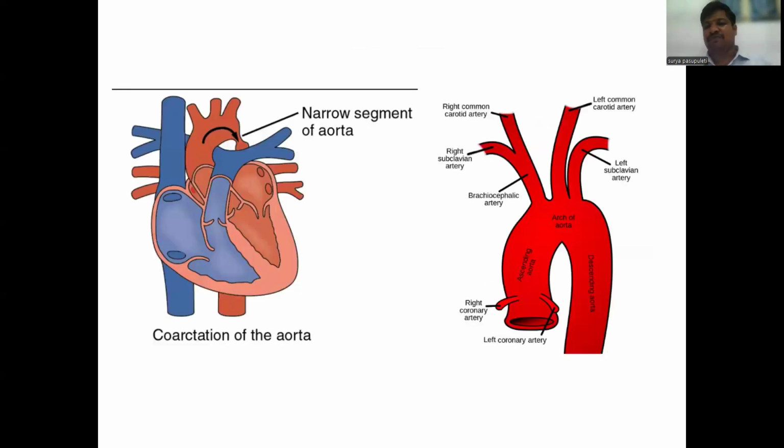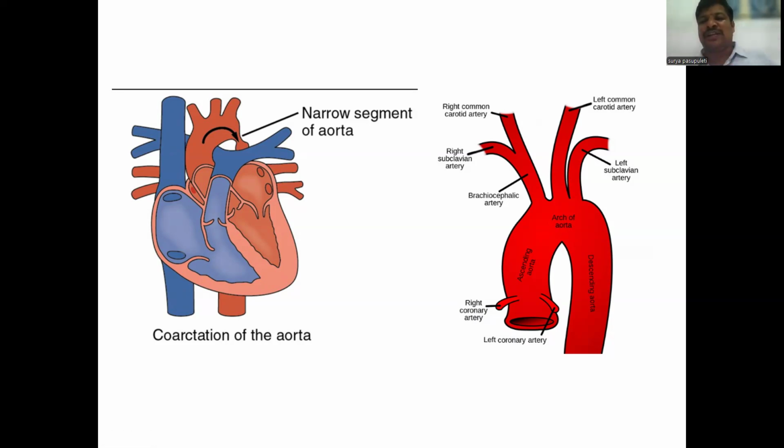Next, coarctation of aorta. So here, this is the ascending aorta, and it bends as the arch of aorta, and later it goes as the descending aorta. The aortic arch supplies three blood vessels. One is brachiocephalic. Brachio is hand, right? Cephalic is head.